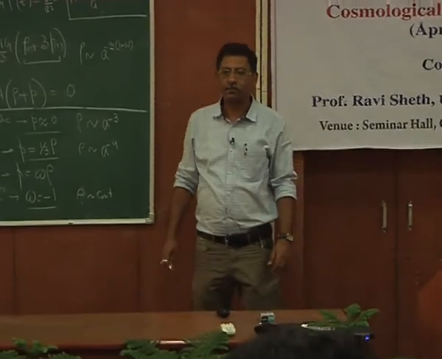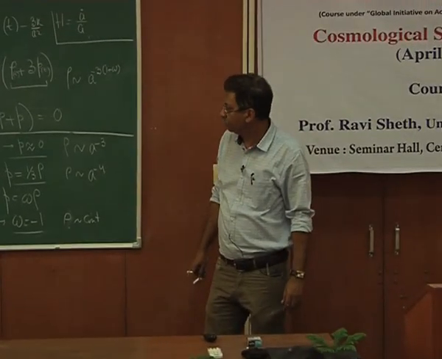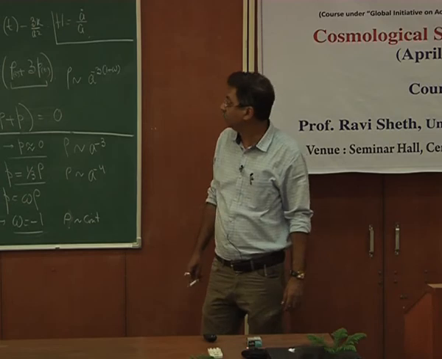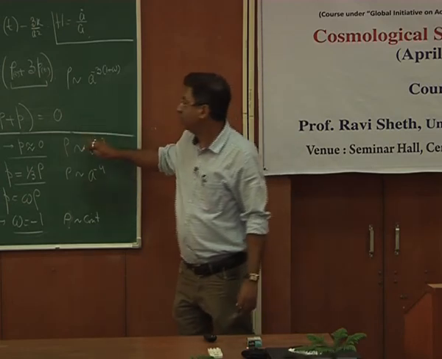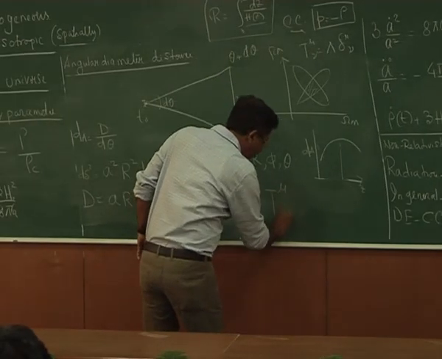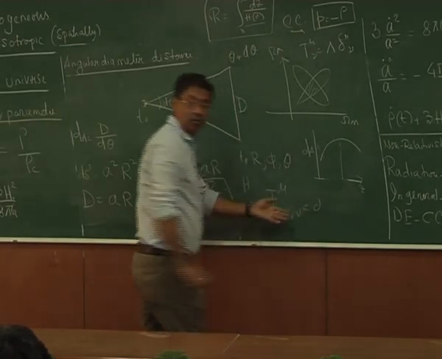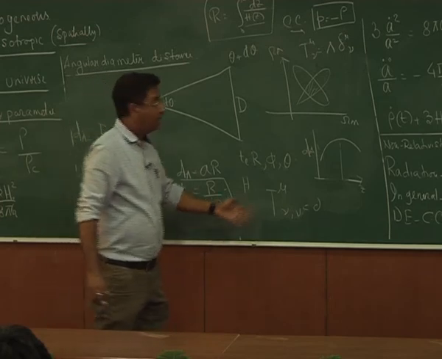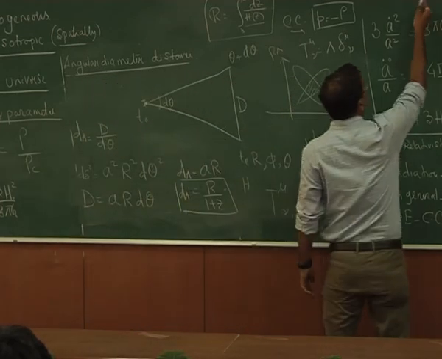Sir, what was the other way you said we can find that equation? Which equation? The one we were talking about, this equation. One is T nu mu semicolon nu equal to 0, that is the conservation. Another way is that you can also use that your entropy is 0.